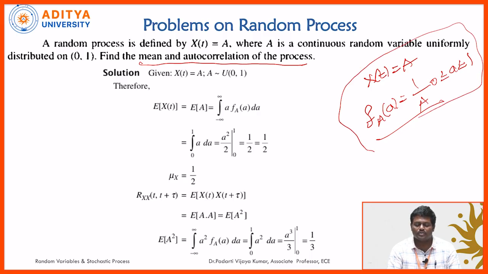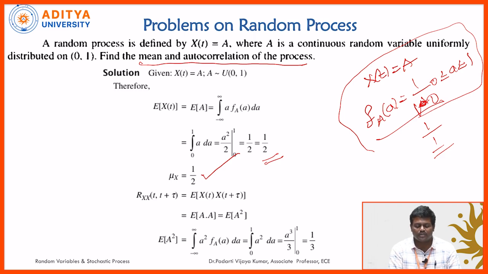Now, we need to compute the statistical parameter mean. Expectation of x of t is expectation of A, which is the integral of a into f_A of a, with f_A of a equal to 1. So a square by 2, with limits 1 minus 0, this is 1. The integration is a square by 2, substituting the limits gives 1 by 2. So, the mean value we will get is 1 by 2.